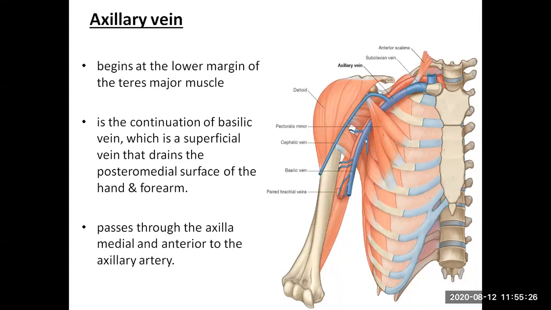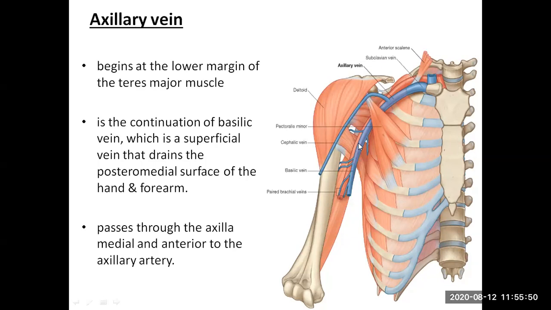Let us talk about the axillary vein. Now here it begins. You just need to learn the course opposite to the artery, from below. So here the axillary vein begins at the lower margin of the teres major muscle. This one is the teres major muscle and the lower margin of the teres major muscle.